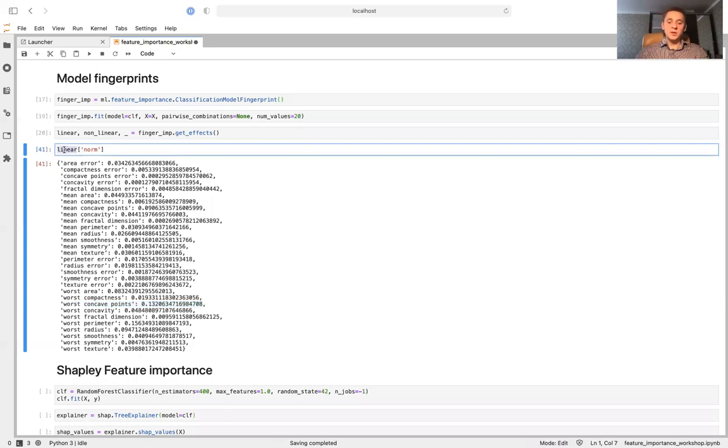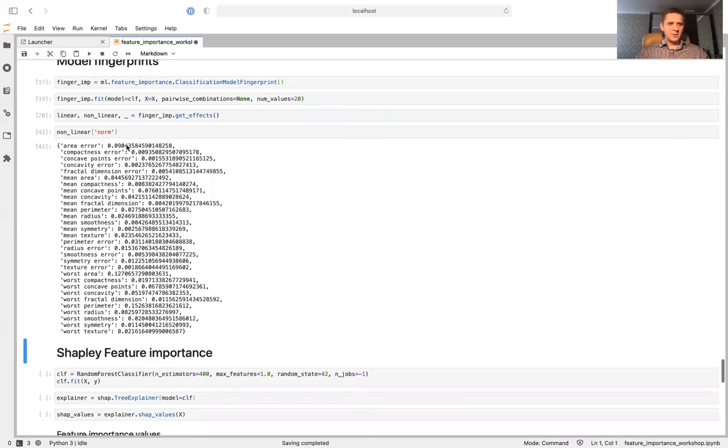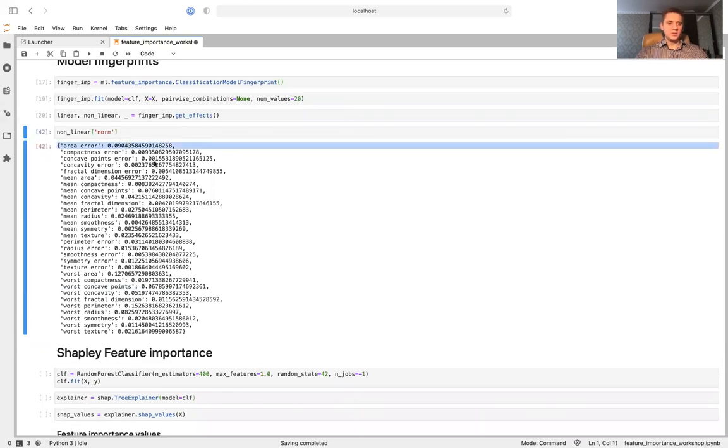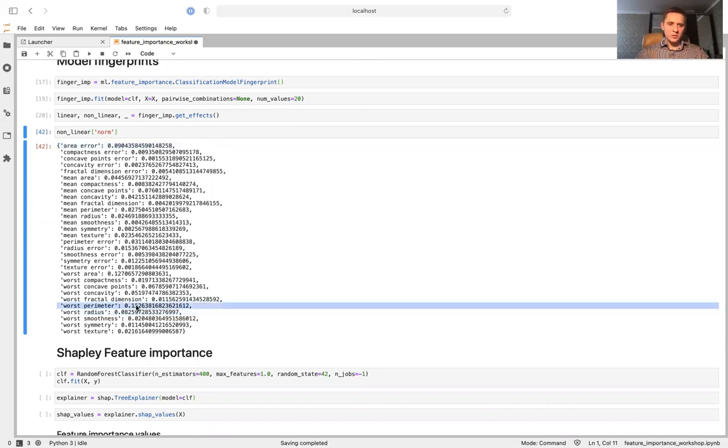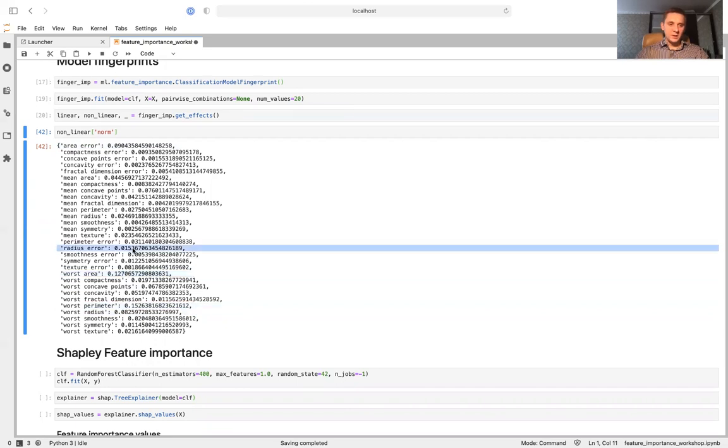So let's take a look at the nonlinear effect. It has the same API and the same structure as the linear effect. Here we see that area error has quite a big nonlinear effect. We can also see that worst radius, worst perimeter and worst area have very high nonlinear effect. And for example, radius error has a very high nonlinear effect.